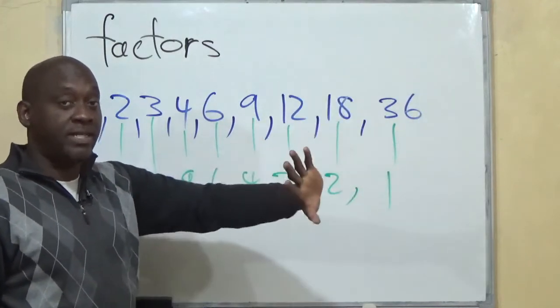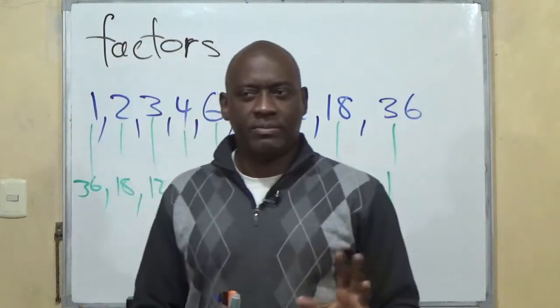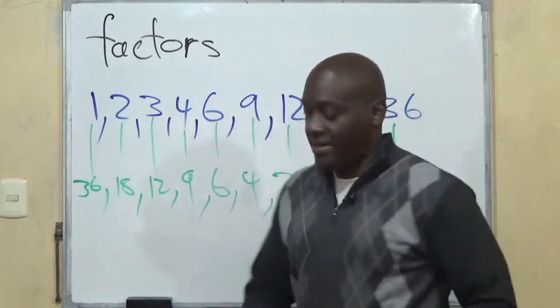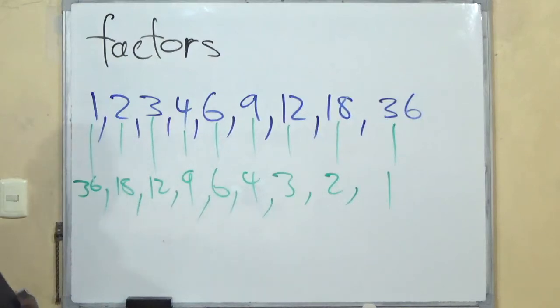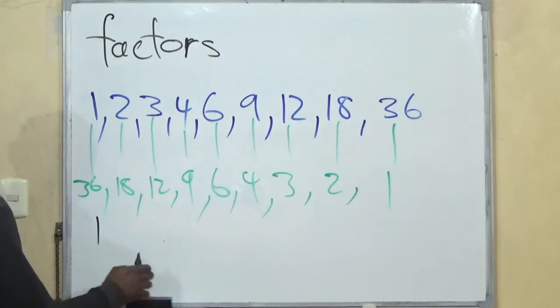If the number is not an even number, then depending on what the number is, it will determine what the biggest factor is. So for example, if we have to list the factors of 27, what would be the factors of 27? 27 is 1 by 27.